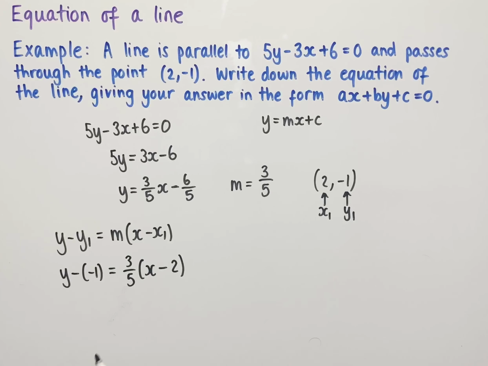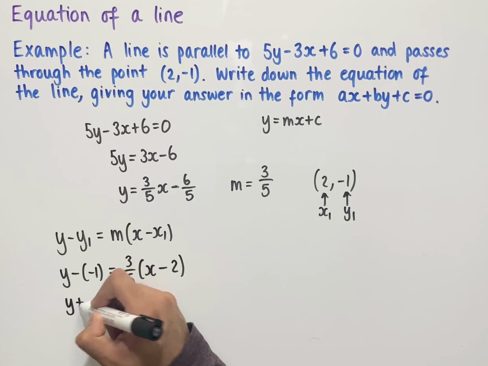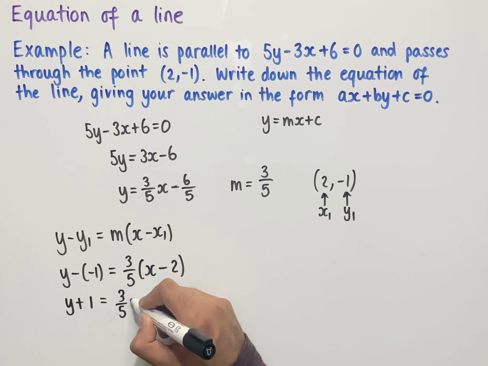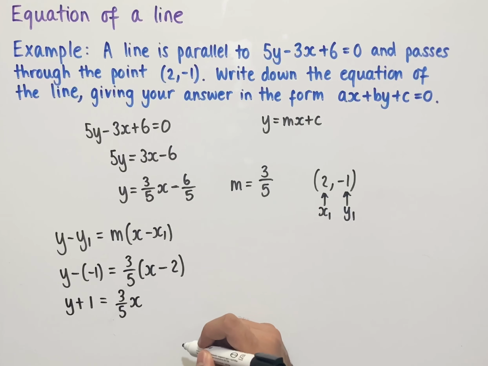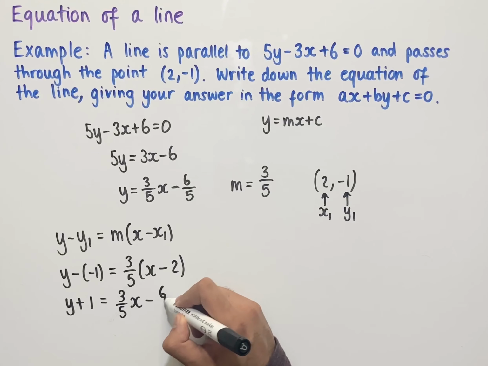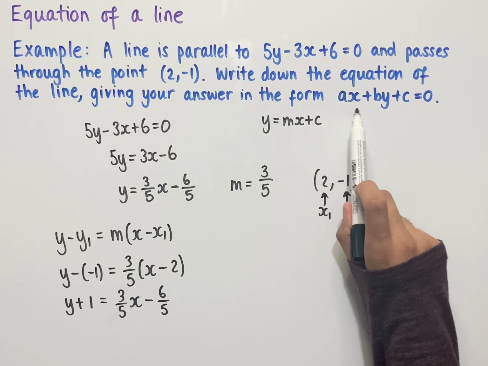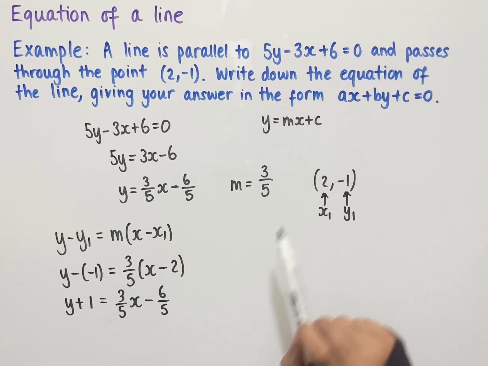If we now expand the brackets, we have y plus 1 equals 3 over 5 x, so that's expanding this bracket, and then 3 over 5 times minus 2 gives us minus 6 over 5. Now, since we want our answer in the form ax plus by plus c equals 0, we're going to rearrange the equation so that we have all of the terms on one side and so that the equation equals 0.